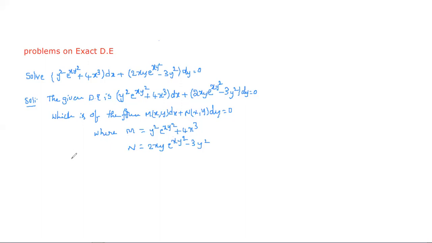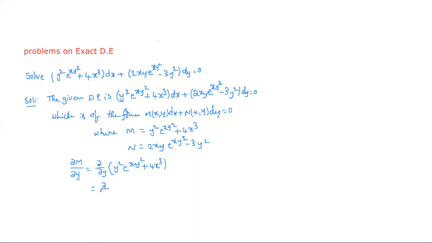So ∂M/∂y. We are applying partial derivative here. It means that for M, we apply the partial derivative with respect to y, so you should treat x as a constant. Then ∂/∂y of M is ∂/∂y of (y² e^(xy²) + 4x³).